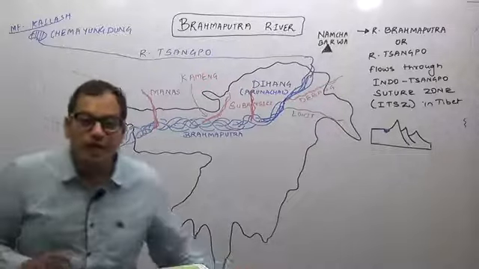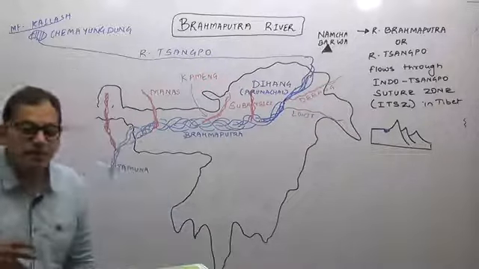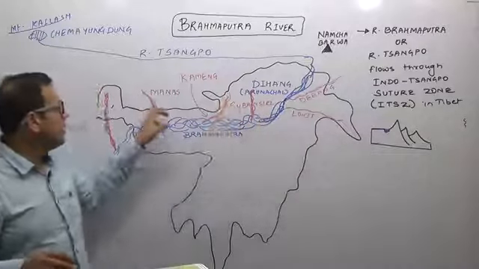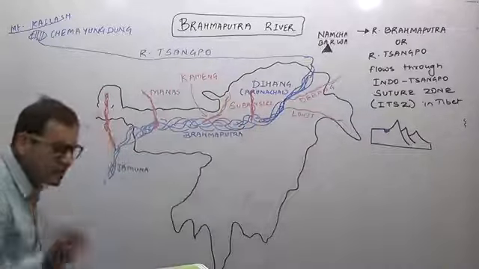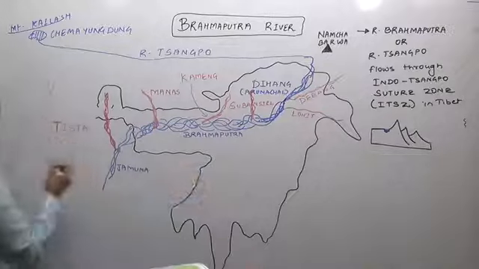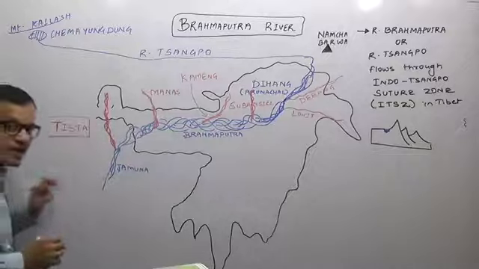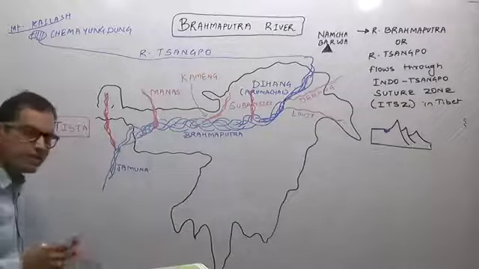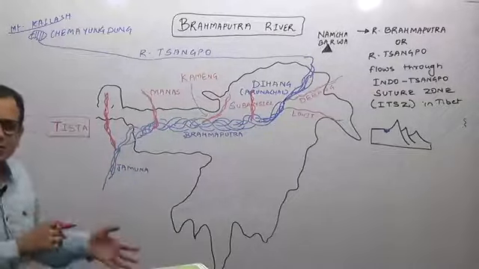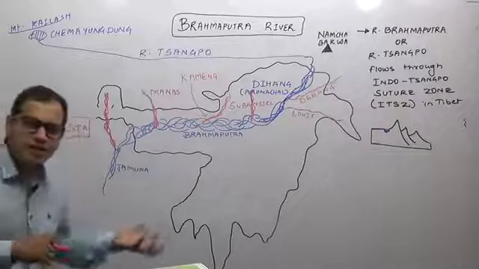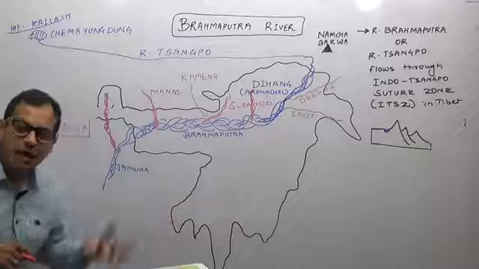So, which are the Himalayan tributaries of river Brahmaputra? Debang, Lohit, Subansiri, Kaming, Manas and Teesta. From the exam point of view, remember Teesta is very important because there is a water sharing agreement. This Teesta river will continuously be in the news because there is a need for a water sharing agreement between India and Bangladesh.